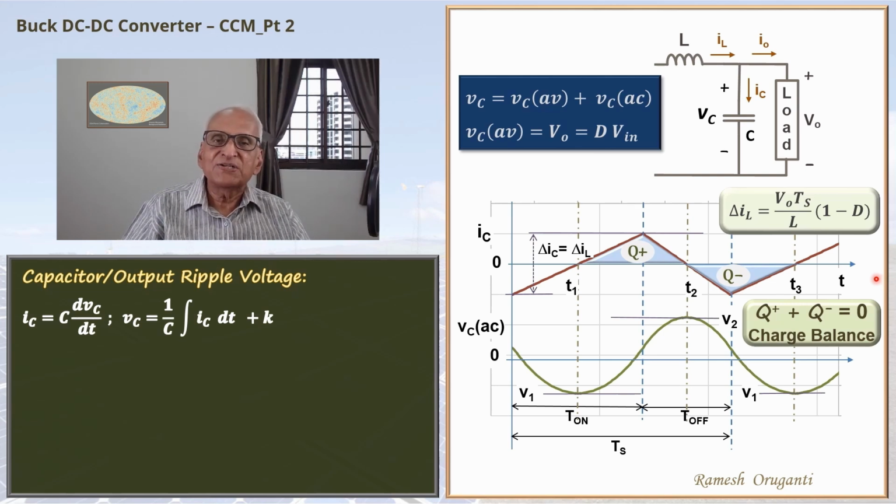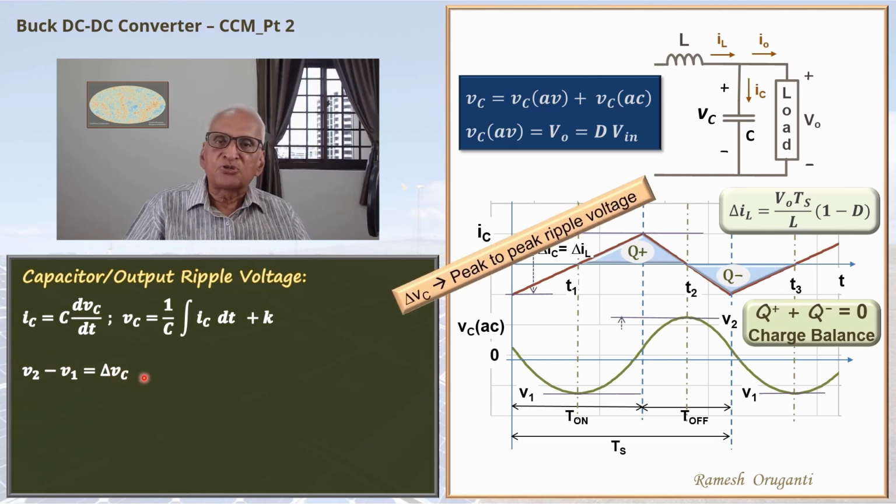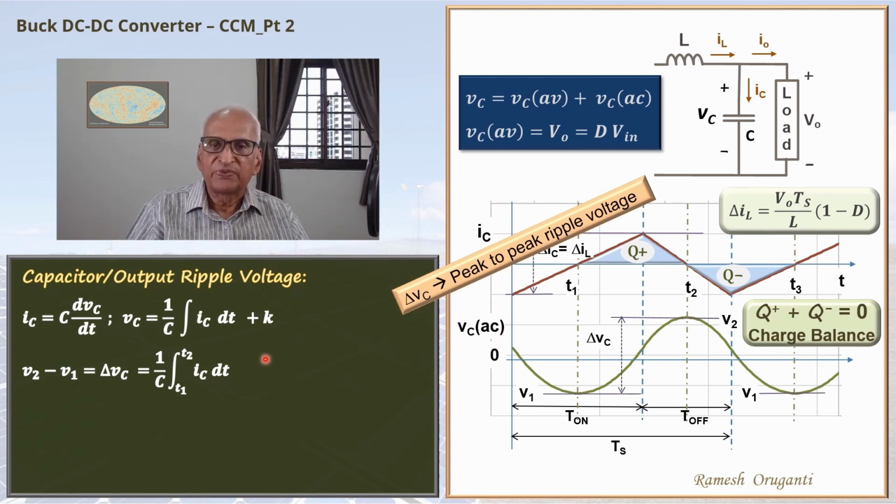We are interested in the peak-to-peak ripple voltage, which is V2 minus V1, the delta Vc. So if you take the capacitor current and integrate it between T1 and T2 and divide by C, you will get delta Vc. So 1 over C integral T1 to T2 IC dt, that is the capacitor ripple voltage.